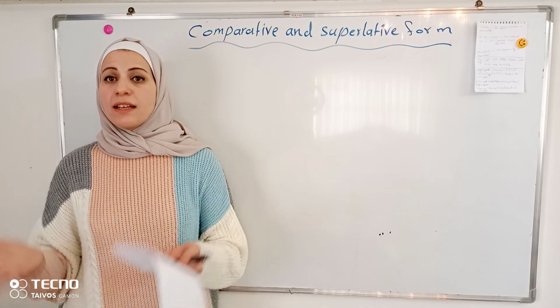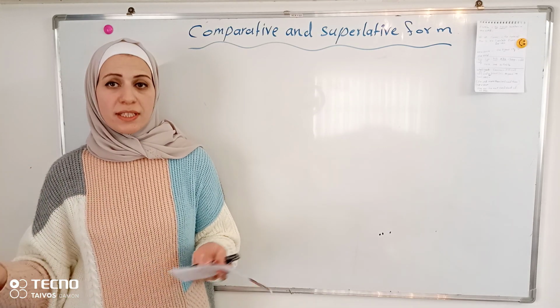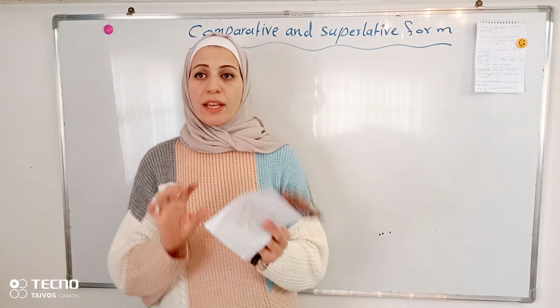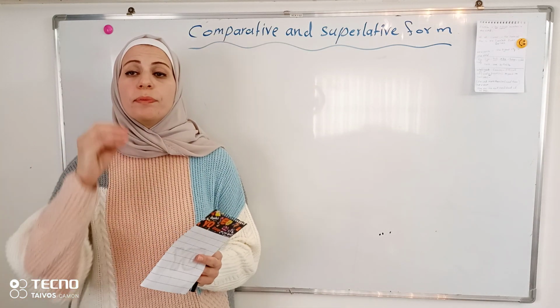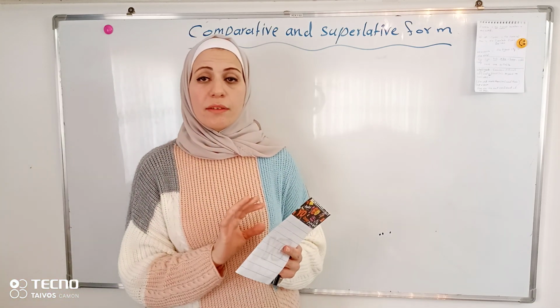Science book is heavier than math books. These are called comparative form.